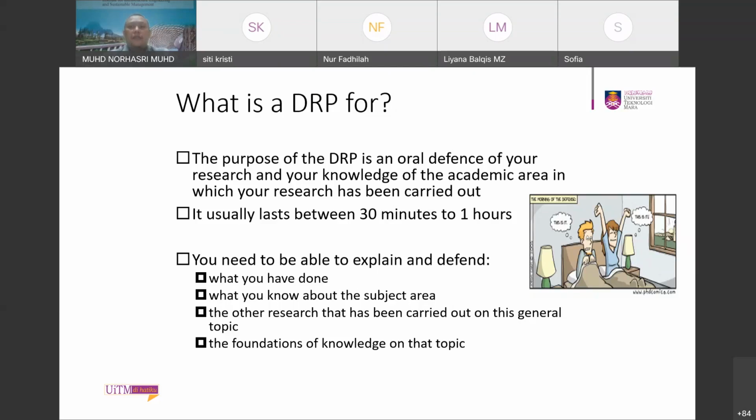Bear in mind that foundation or fundamentals is very important if you are a research candidate, because from there, panels can see any lacking of information or knowledge from your side.